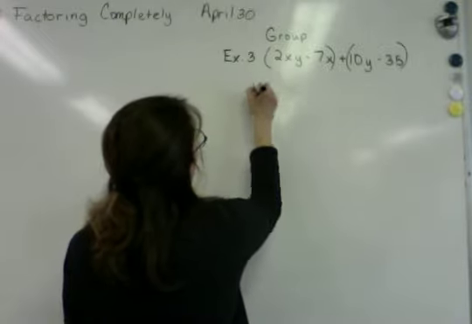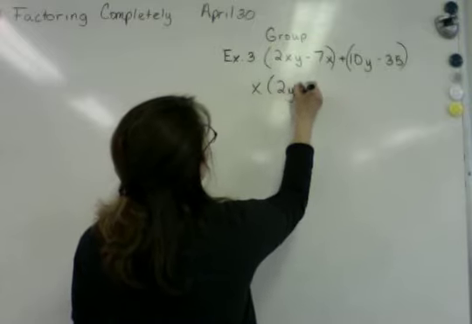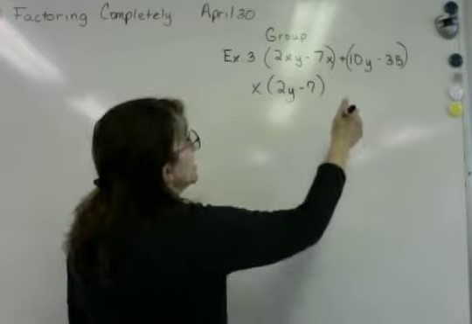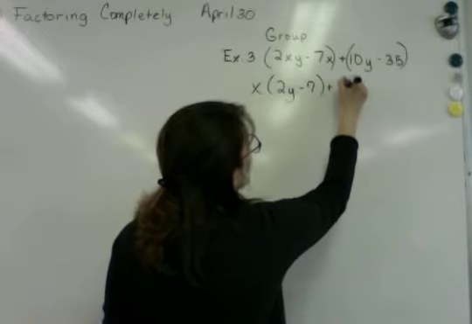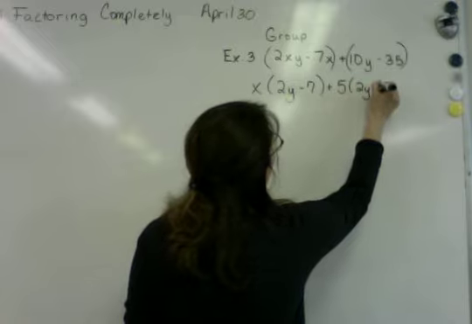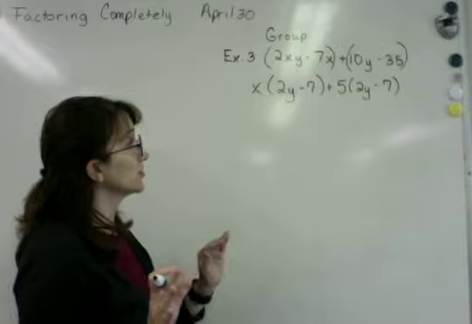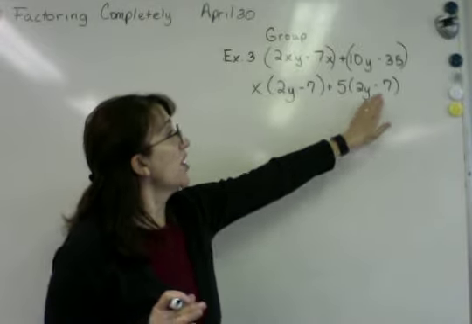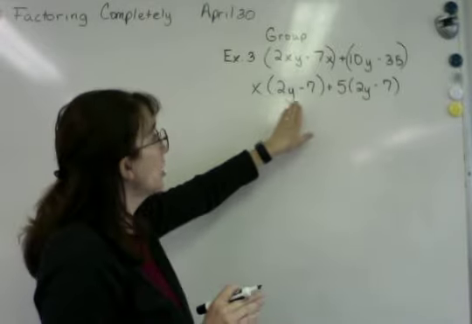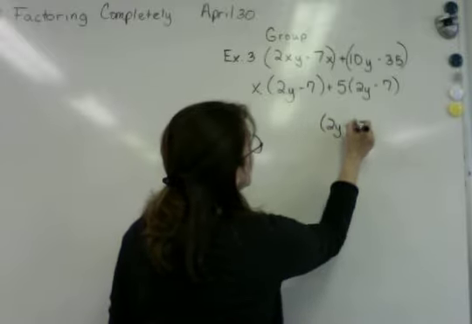So first of all, I'll take the x out. So now I've got 2y minus 7. Now I'm going to factor out the 5. Divide the 10 by 5, I have 2y. Divide the 35 by 5, and I have 7. Then I look. I have a common binomial. So I'm going to bring down that one common binomial.